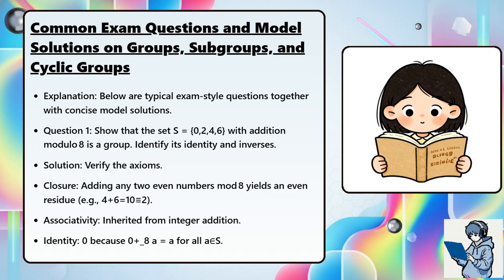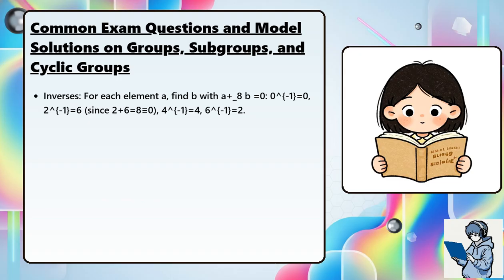Identity: 0, because 0 + a modulo 8 equals a for all a in S. Inverses: for each element a find b with a + b ≡ 0 modulo 8. The inverse of 0 is 0, the inverse of 2 is 6 since 2 + 6 = 8 ≡ 0, the inverse of 4 is 4, and the inverse of 6 is 2. Hence S is a group.